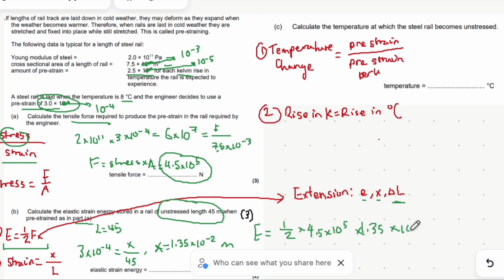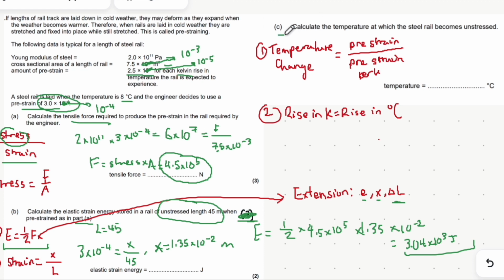You can put all that into your calculator and it will get you a value of 3.04 times 10 to the power of positive 3 joules, because it's a measure of energy. Great. That was 3 marks, by the way. It's just been covered by this here. Let me remove that actually. Oh, sorry, it's 2 marks. Don't know why I wrote 3.